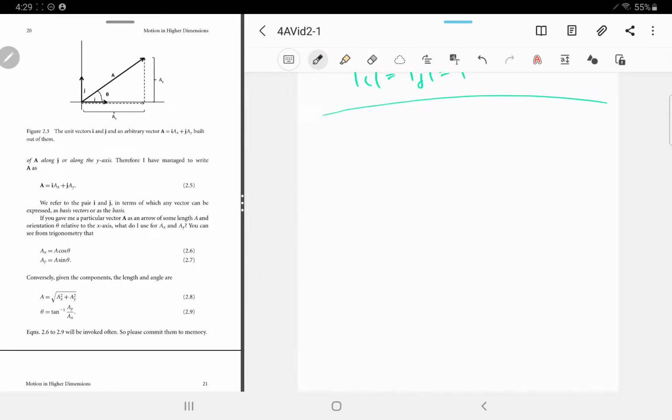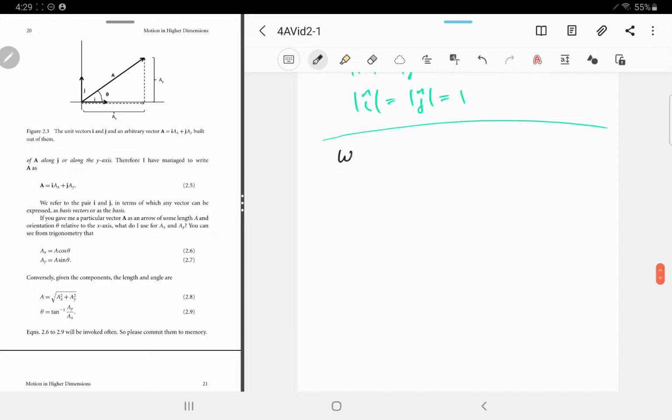So let me write down this fact. We need two pieces of info to specify a vector in 2 dimensions.